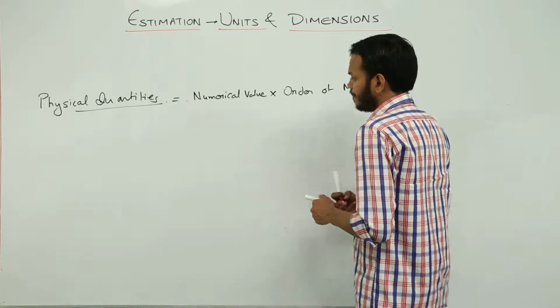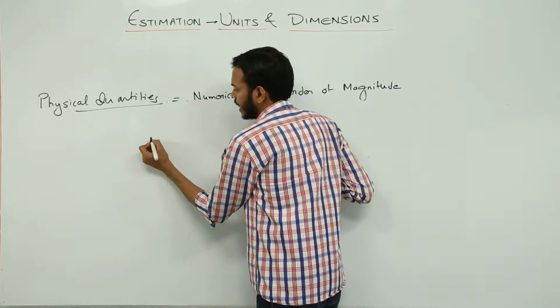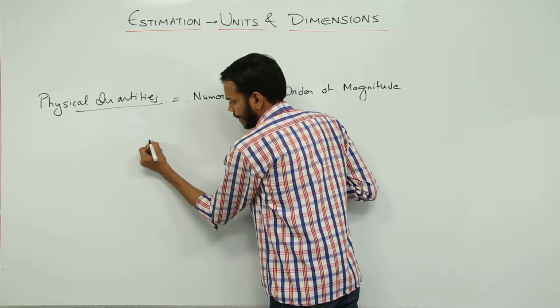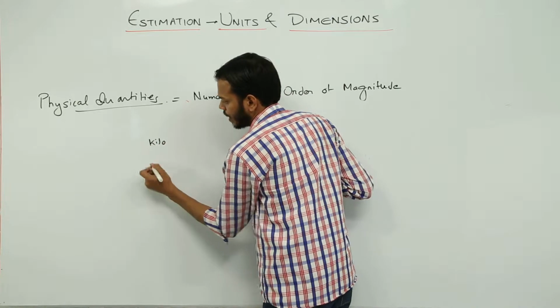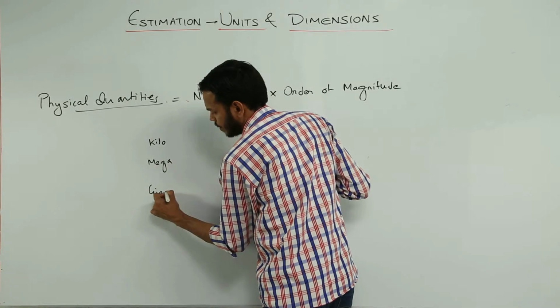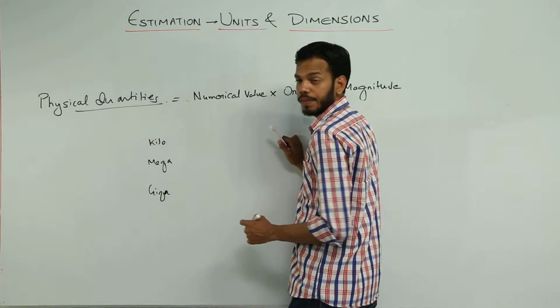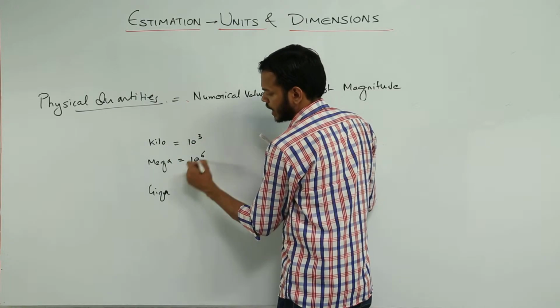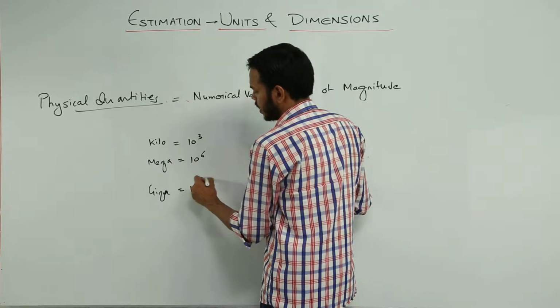For example, I am writing the names of a few: kilo, mega, giga. So these are 10 raised to power 3, 10 raised to power 6 and 10 raised to power 9.